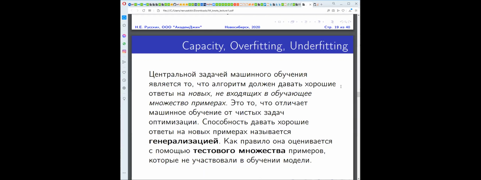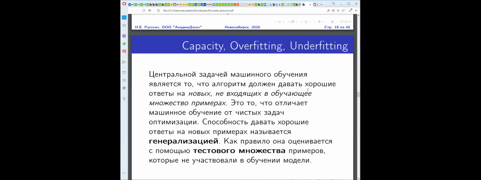So we measure some metric like accuracy, which in a classification setting is just the proportion of examples for which the model gave the right answers. And we measure this metric on a test set.